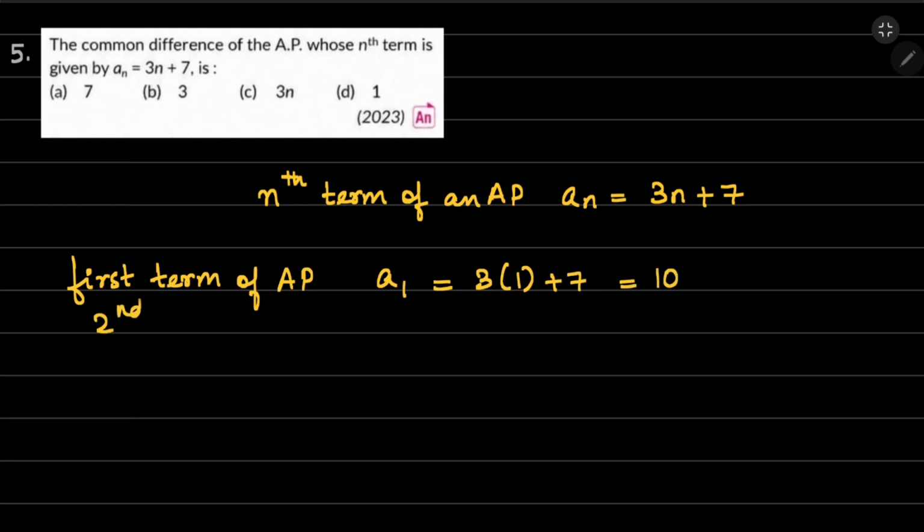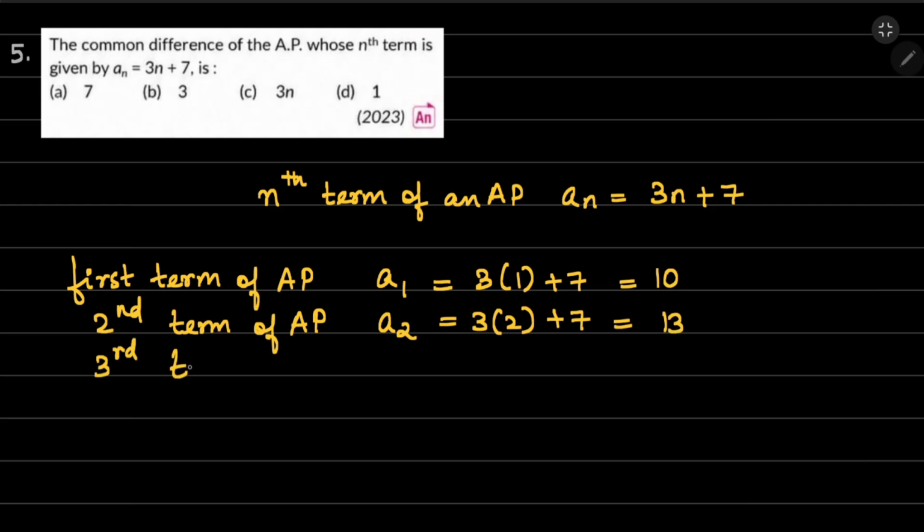And then the second term of your AP, that is A2, is equal to 3 into 2 plus 7. So 3 2s are 6, 6 plus 7 is 13. Let's find the third term of the AP by substituting n is equal to 3.